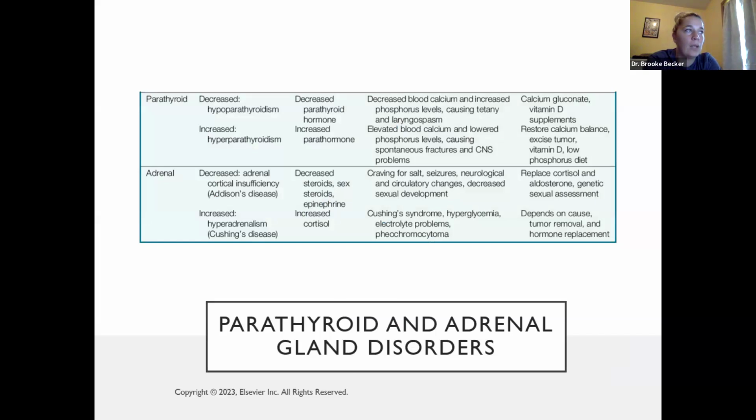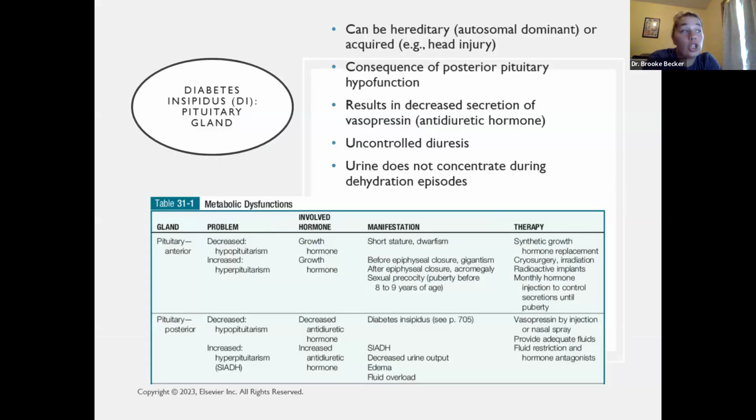Okay. Parathyroid, these are really good charts because it breaks down each, like if it's low, so if it's SIADH, which is hyperpituitarism, which is increased antidiuretic hormone, that means you're not going to urinate appropriately. Okay, so you're going to have fluid overload.